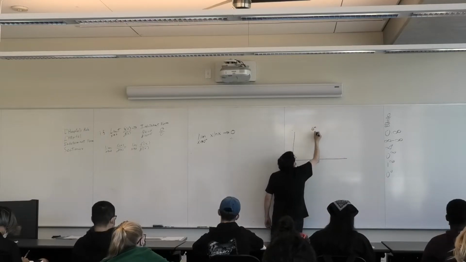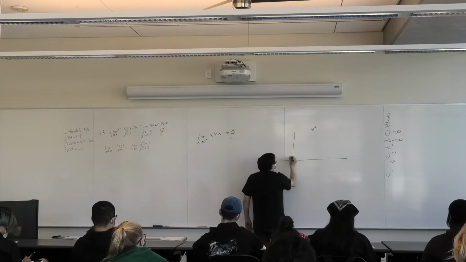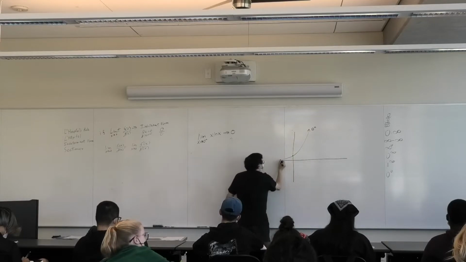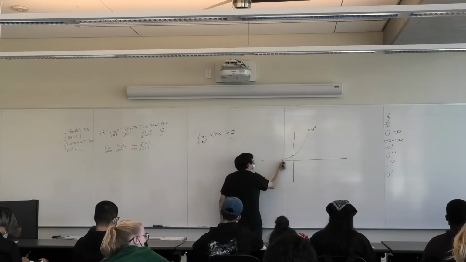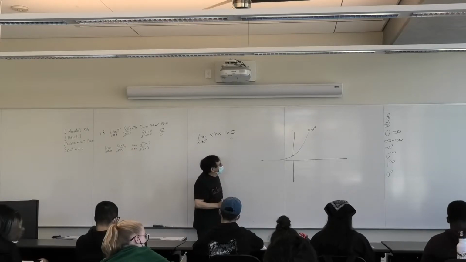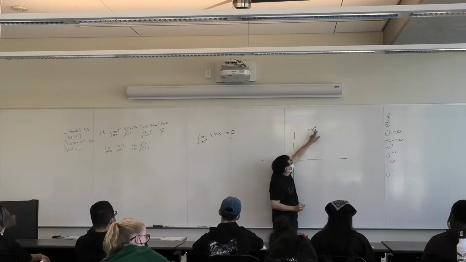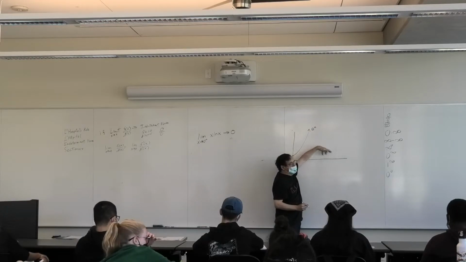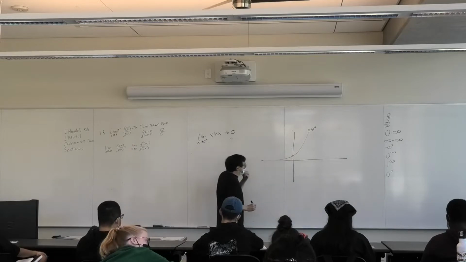If I were to graph e to the x, I think that's pretty obvious. It goes to 0. It's very large, and it comes down this way, asymptotic to the x-axis, right? Put in like -5, it's like 1 over e to the 5, so it's a very small number.